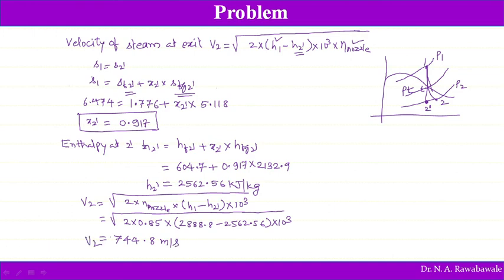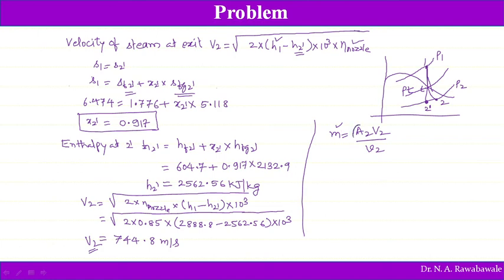Now why are we going to find out velocity at exit? He has not asked us to find out velocity at exit. He has asked us to find out area at exit. So we know one equation, m is equal to A2 V2 divided by v2. Mass we have already calculated as 10.12 kg.